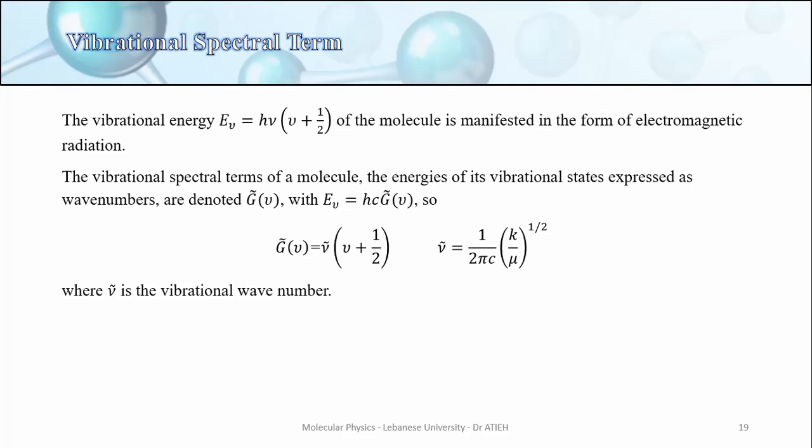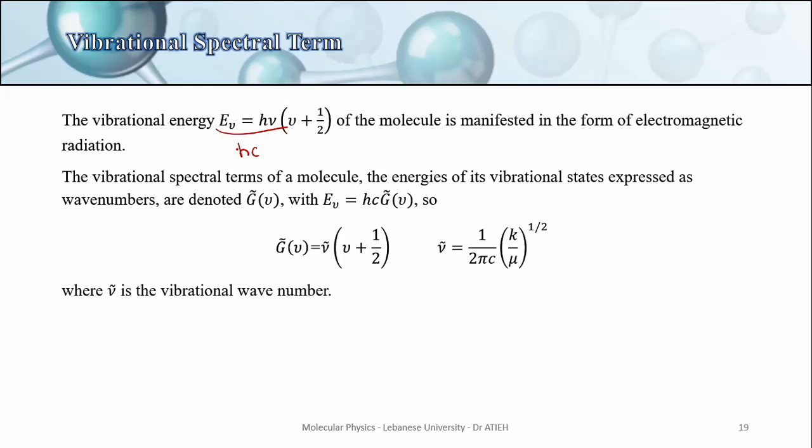Now we are going to define the vibrational spectral term, similar to defining the rotational spectral term. To define the vibrational spectral term, it's enough to divide the vibrational energy E_ν by hc. When we divide E_ν by hc, we get the vibrational spectral term, which is expressed as a wave number.